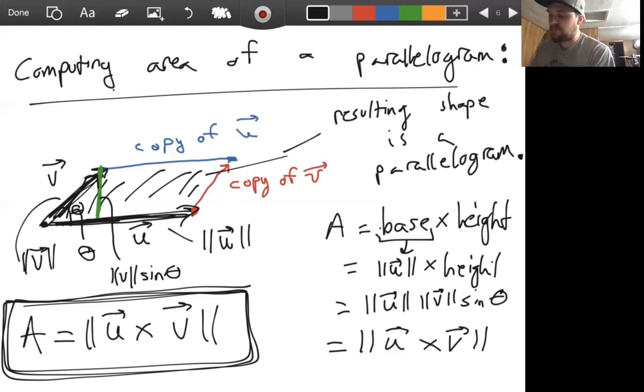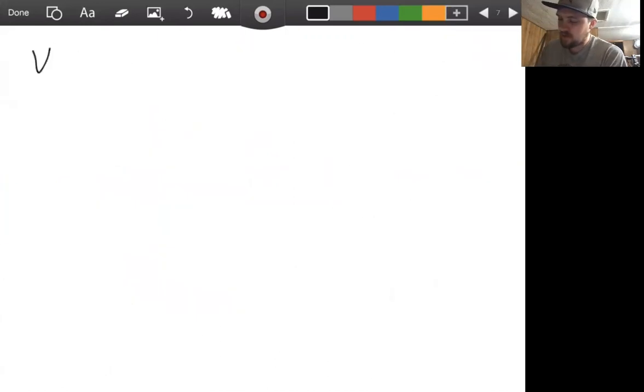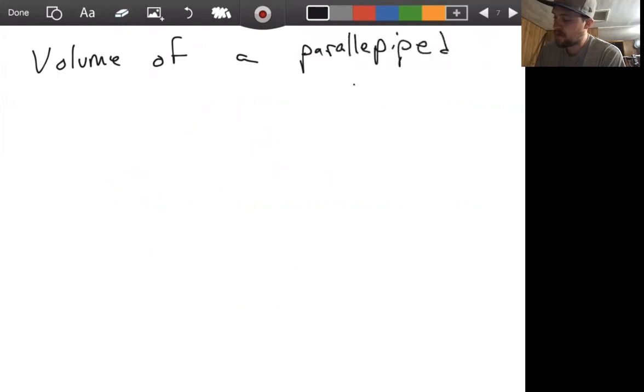And we can take this a step farther and calculate the volume of a parallelepiped, right? So we can calculate the volume of a parallelepiped as follows. What's a parallelepiped?